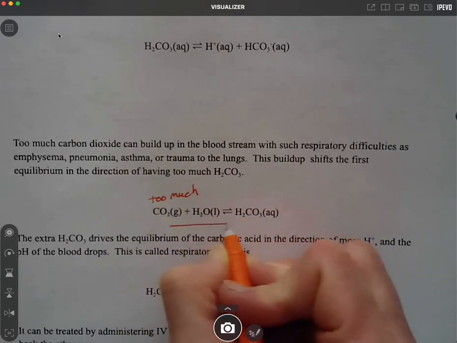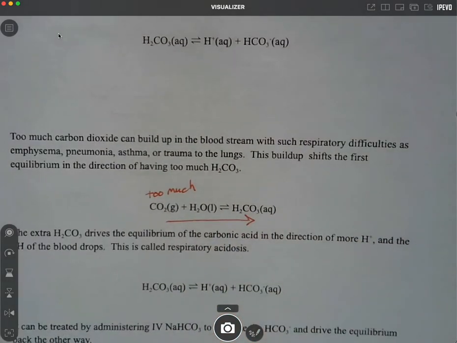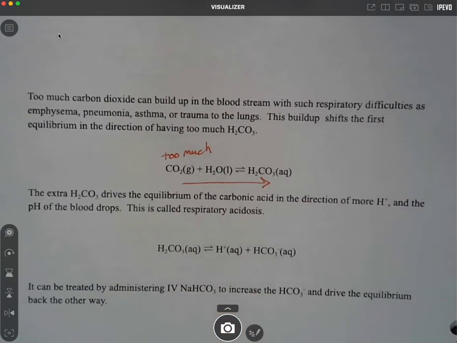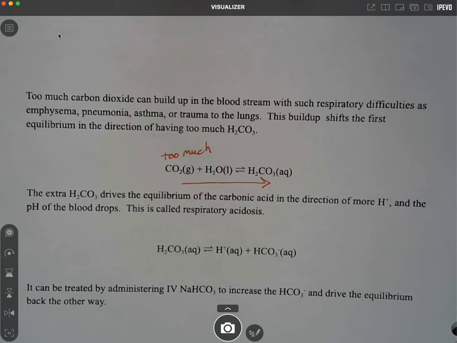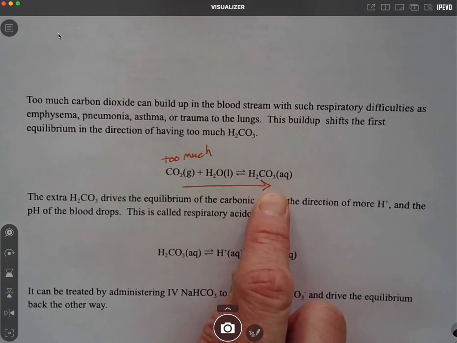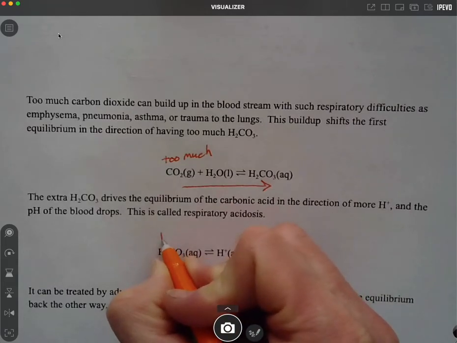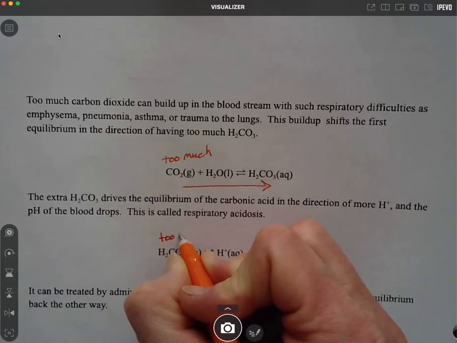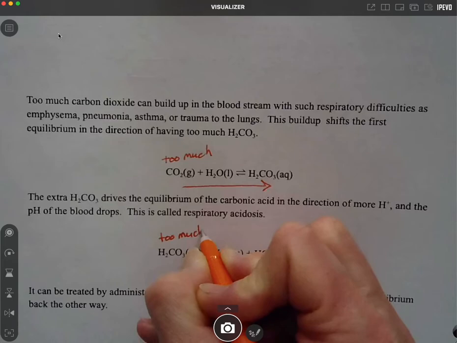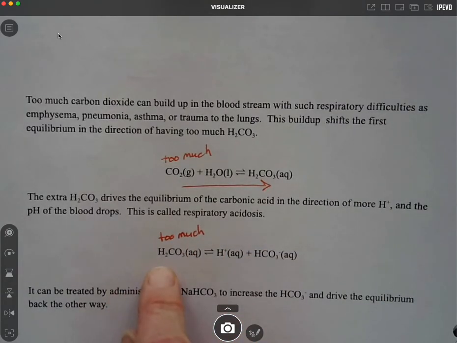CO2, that starts to push this in that direction. So too much carbon dioxide in the bloodstream leads to having too much of this H2CO3, which is carbonic acid, in the bloodstream. So the net result of the lungs not getting rid of the carbon dioxide is that this builds up too much.